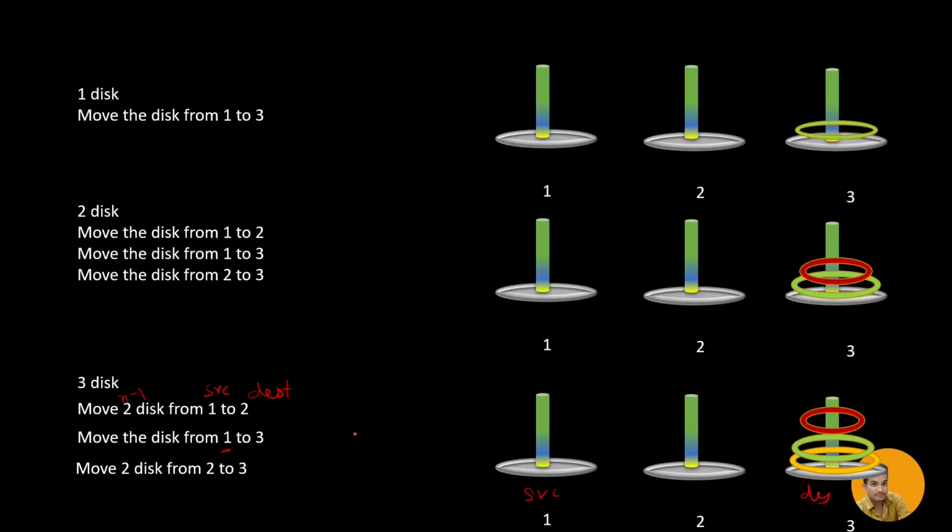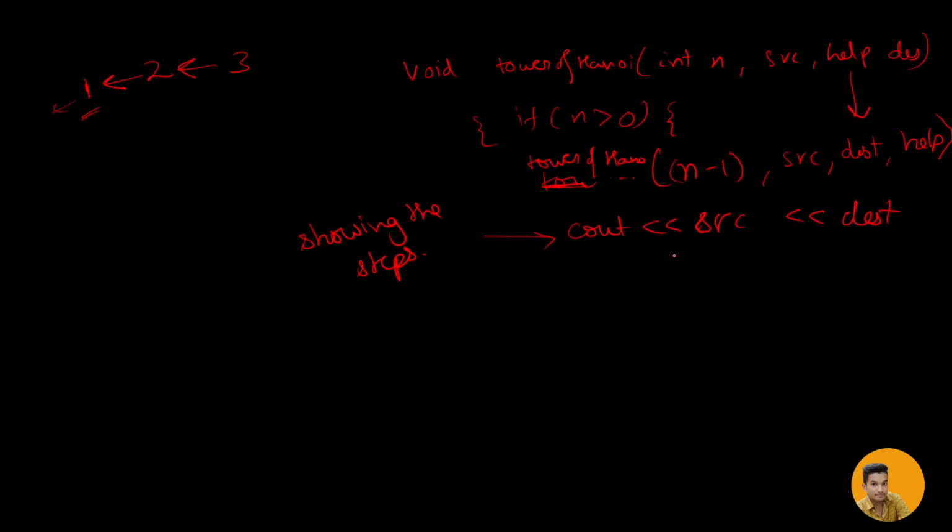Then let's go back and see. Then again you move 2 disks, that means n minus 1 disks, from 2. So 2 is our help, that means help is now acting as a source, and 3 is our destination. So let's write here again Tower of Hanoi, and I will pass n minus 1. And what was our source?